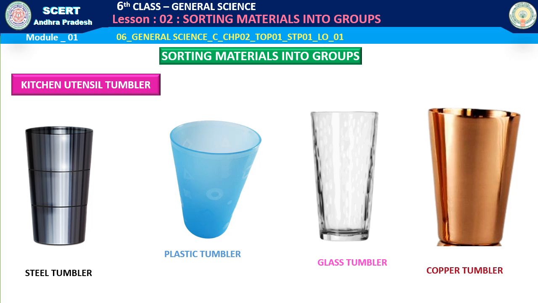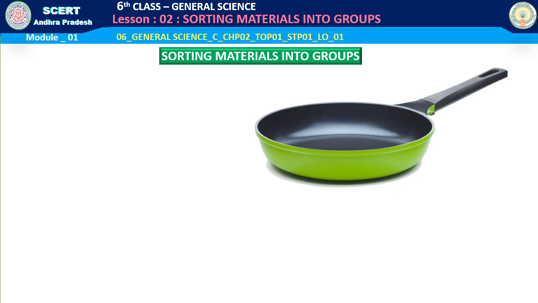Let us observe the materials used to make a pan. A pan is made of iron, aluminium, steel, non-stick material and clay. Do you know why these pans are used to cook food?